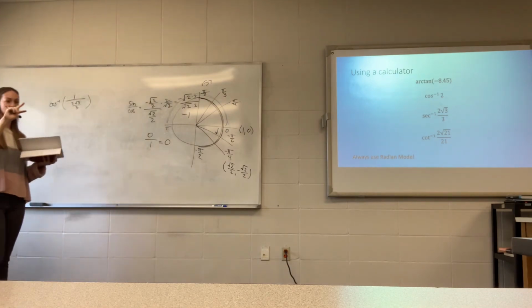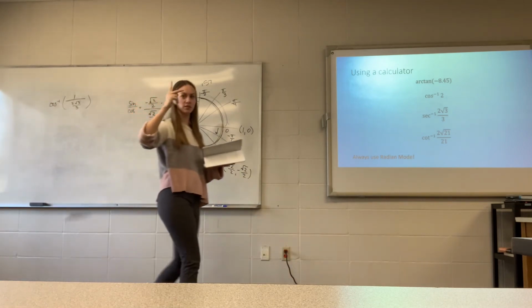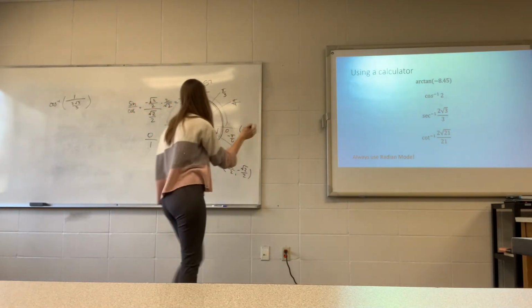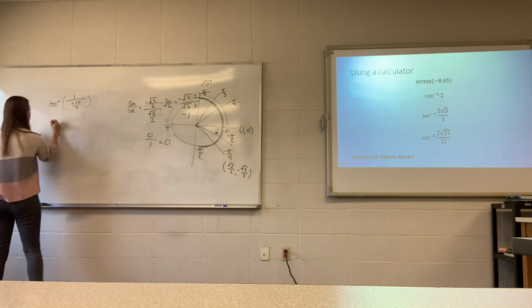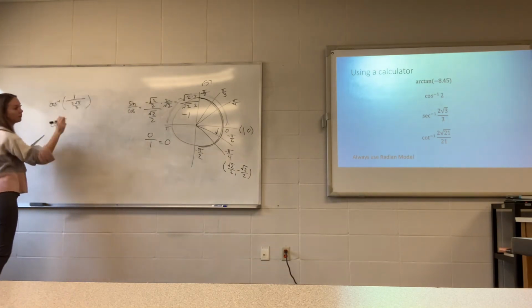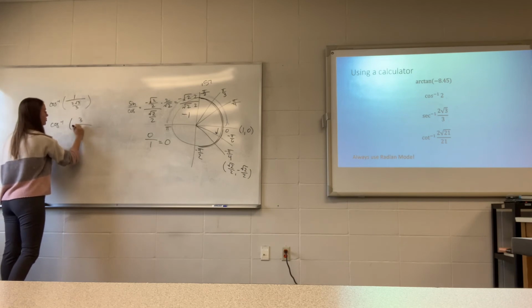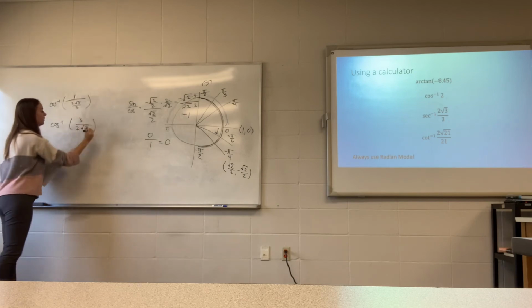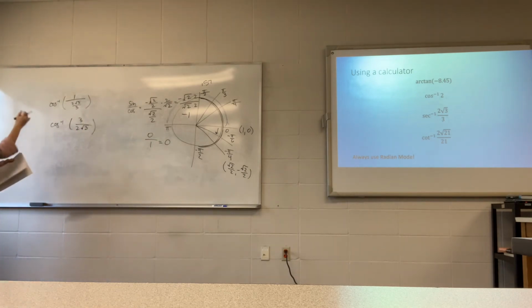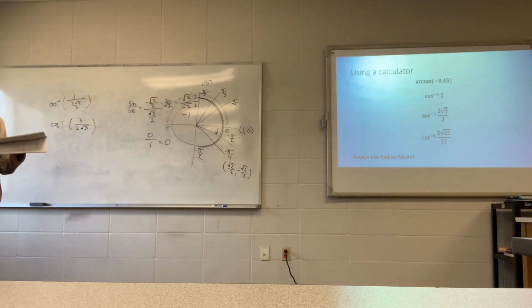But we know that secant is just the opposite of cosine. So I could type in the inverse cosine of, if I flip that, I'd have 3 over 2 square root of 3. And I know that that's going to be, because cosine and secant, we just flip them.